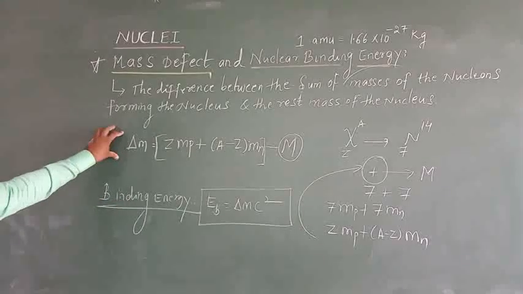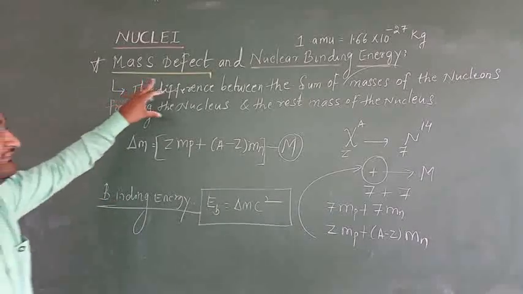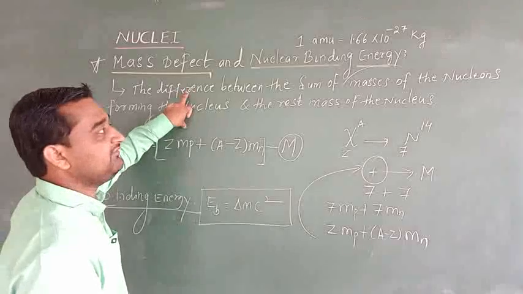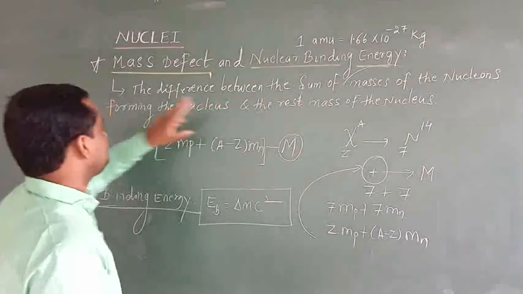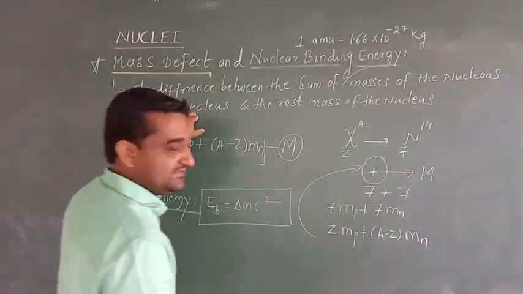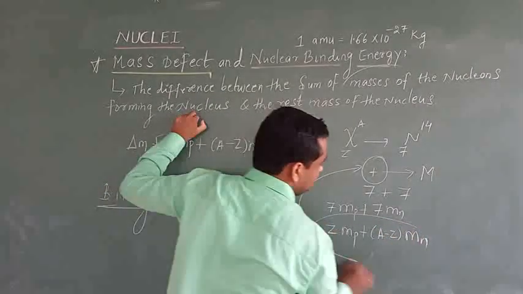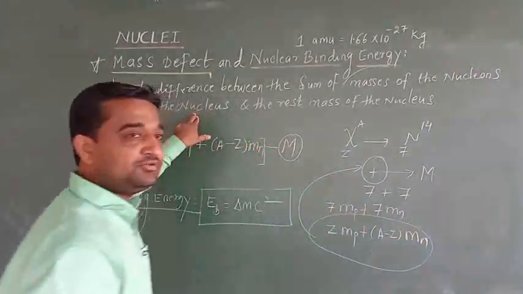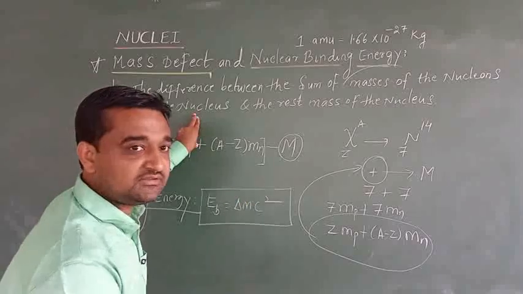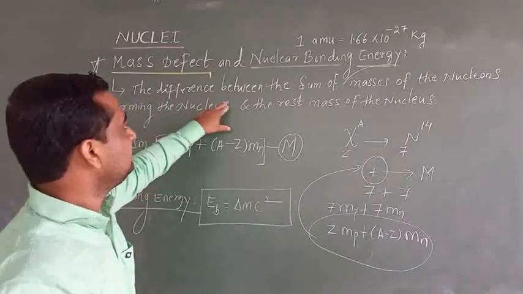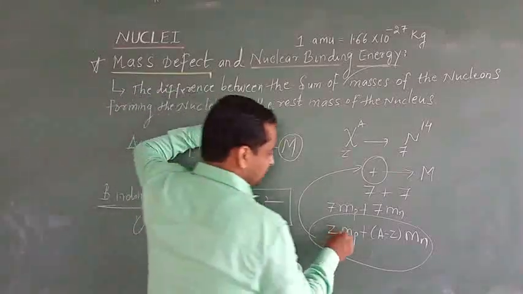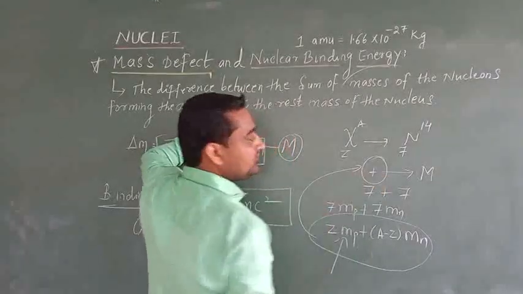What is mass defect? The difference between the sum of masses of the nucleons forming the nucleus. This is the sum of masses of the nucleons, which are going to form the stable nucleus. Using these nucleons, the stable nucleus is formed.